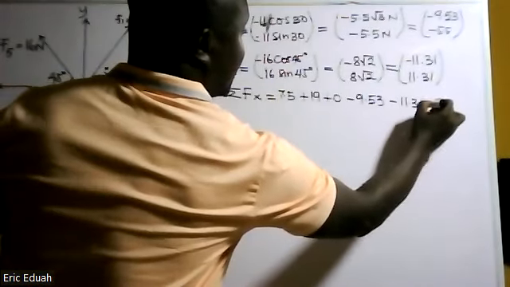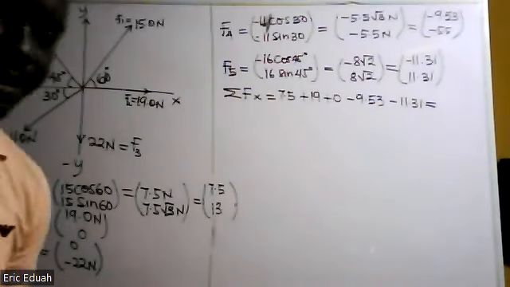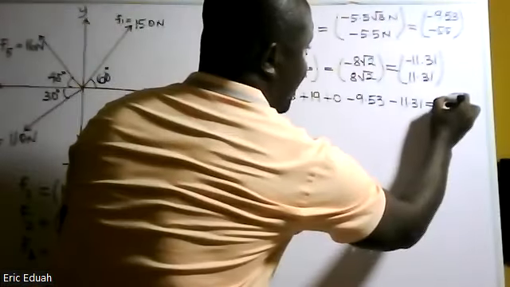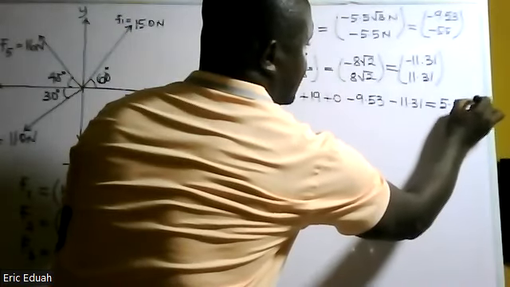So give me the final answer for this summation. I'm also doing it. 7.5 plus 19 minus 9.53 minus 11.31. Please, what did you get? Yes, 5.66. Good. So 5.66 Newton.